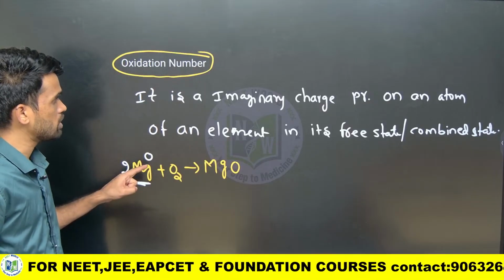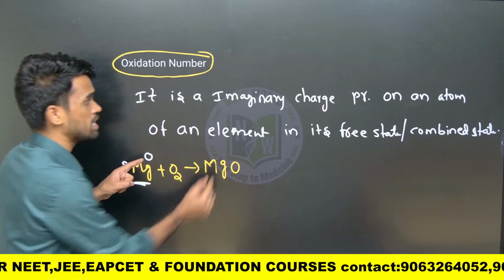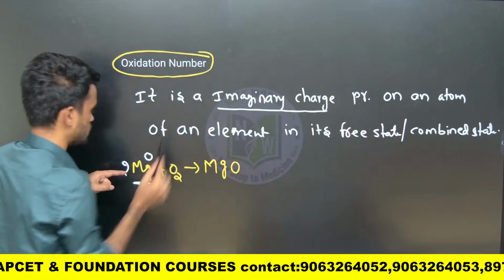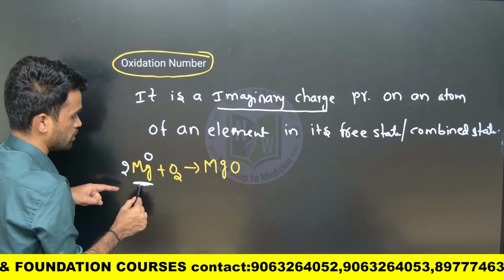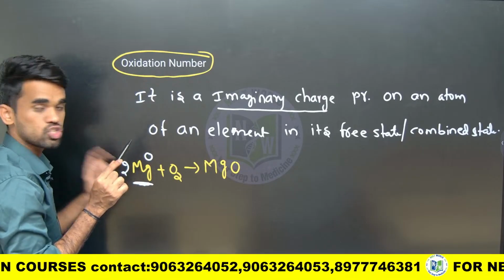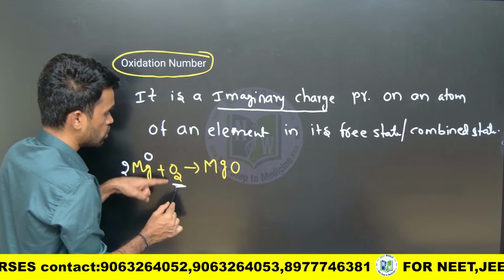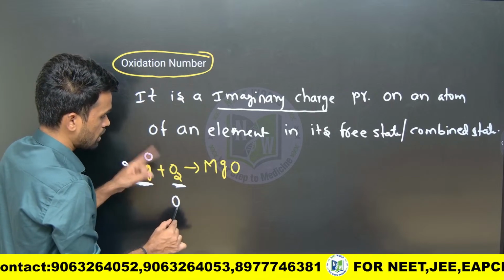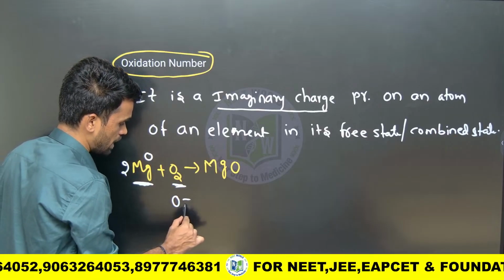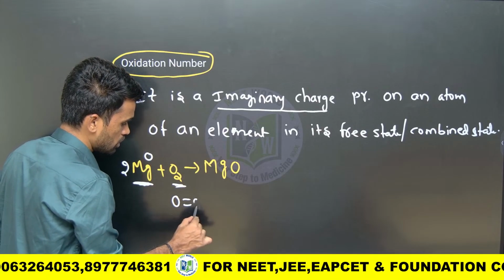Okay. So what do we mean by oxidation state? It is an imaginary charge that is present on an atom in its free state. So I can say it is 0 for magnesium. Similarly for oxygen also, it is a diatomic molecule, containing 2 atoms.